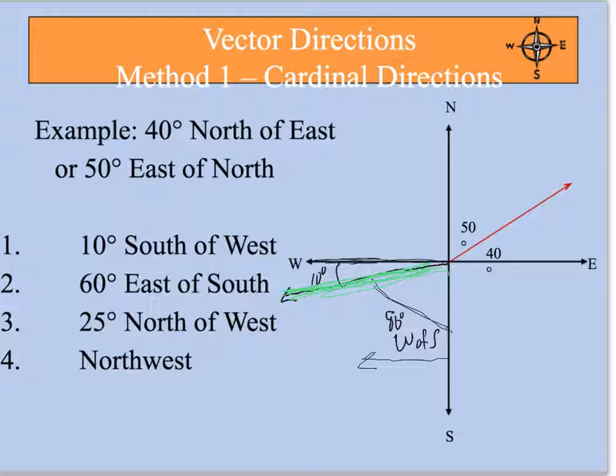Well, how about 60 degrees east of south? Let's take a look at where we would try and identify 60 degrees east of south. East of south would be this direction.